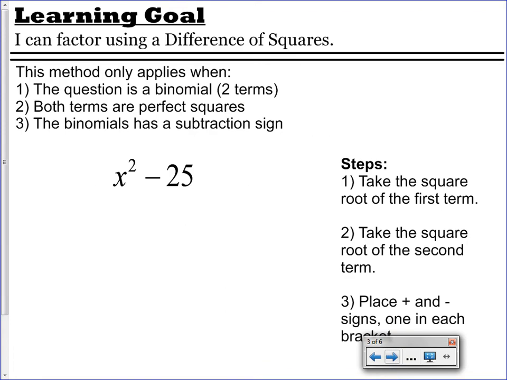Okay, so here is the big clue that you're going to want to use this trick.